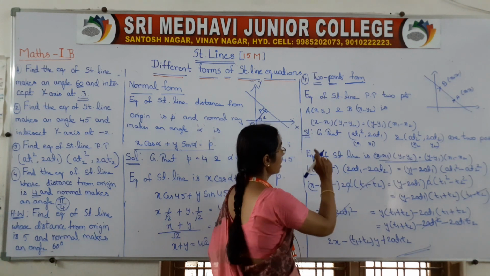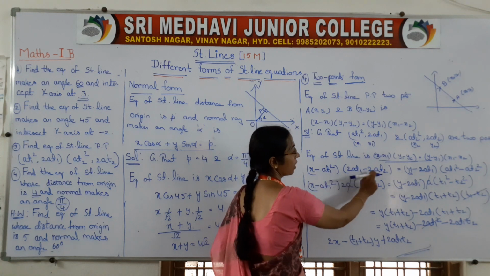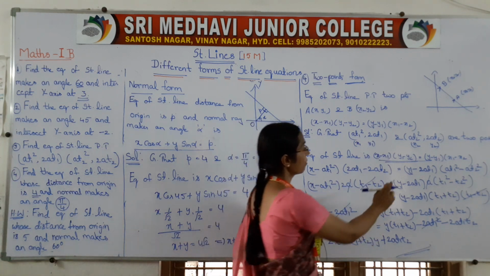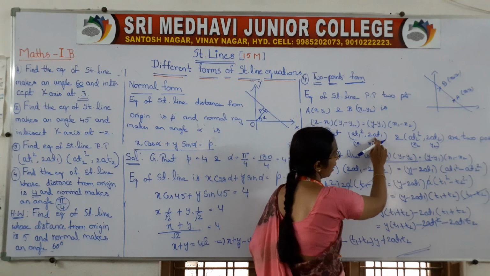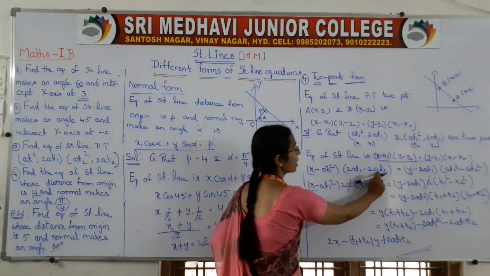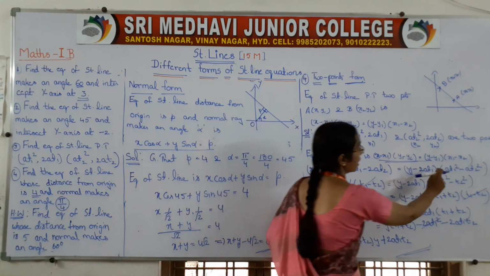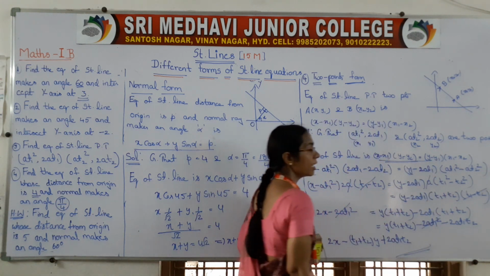In this formula, you substitute x minus x1 and y1, y2. Similarly, y minus y1 we substitute, next x1 minus x2. Observe here 2a is common, take 2a outside, and here a is common, write a outside.